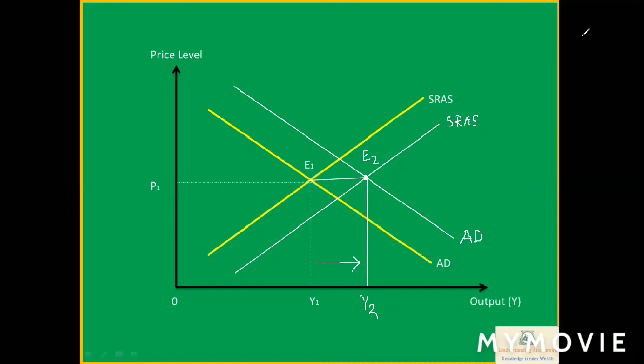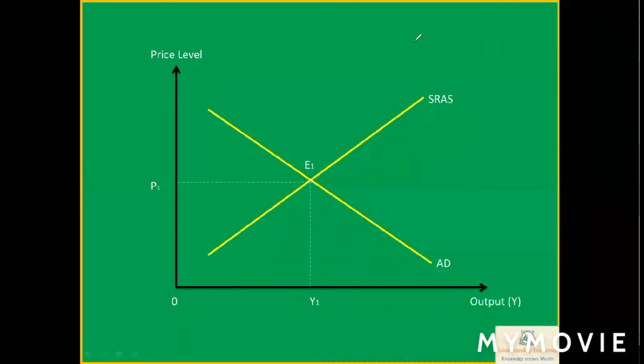Now let us consider a situation where the SRAS has changed in a larger proportion compared to the change in the aggregate demand. So aggregate demand has also increased, but by a relatively lower amount. So here it is our new aggregate demand curve, and this is our new aggregate supply curve, and the corresponding equilibrium point is reached at E2.